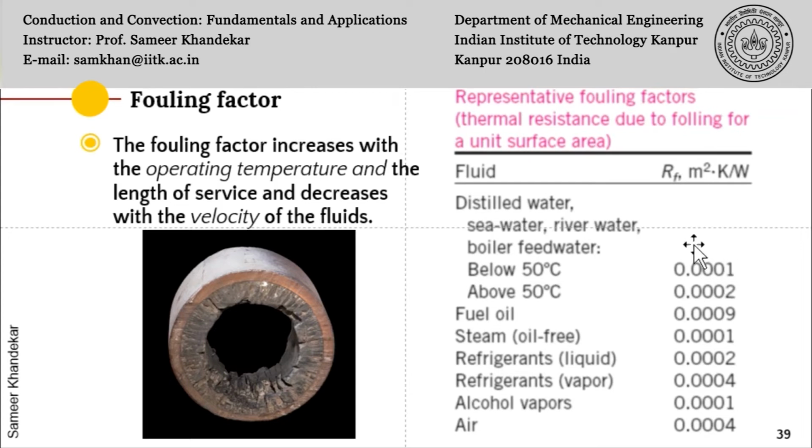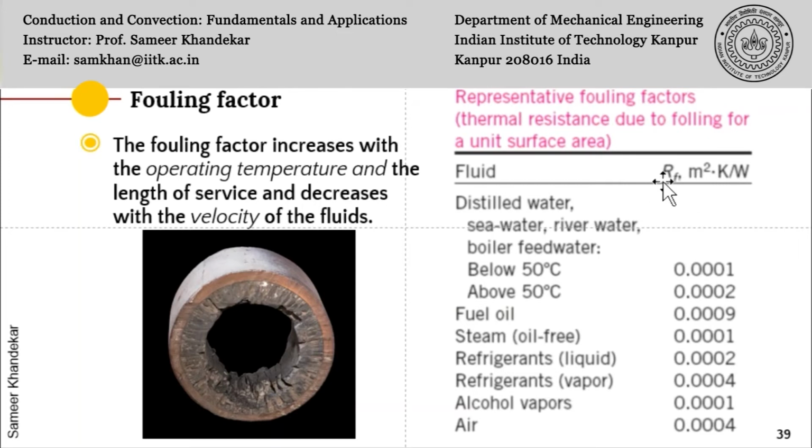So here you can see some representative fouling factors, which is the thermal resistance due to fouling for a unit surface area. The heat transfer coefficient is h, so 1 upon h is the resistance times meter square, and therefore 1 upon hA is thermal resistance.